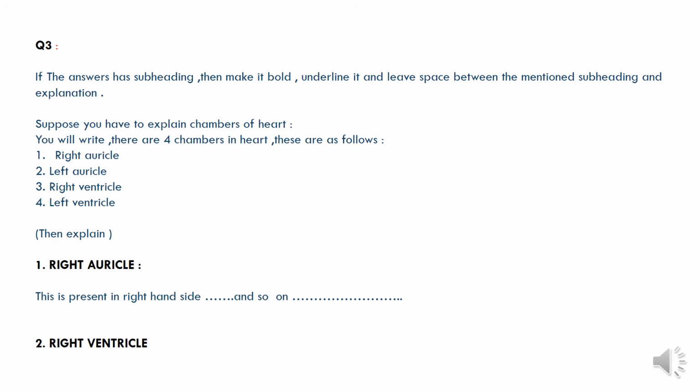If you write in confusing forms, or you don't make the boundaries, the checker has to go through the whole paper, and maybe you'll get fewer marks for that, okay. So headings and subheadings should be very clear; make them bold and underlined.